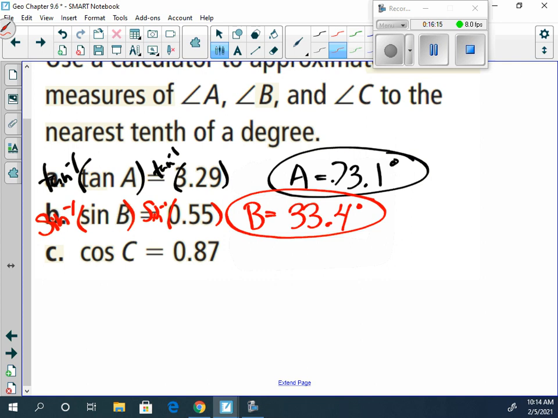And what about the last one? We're going to be using cosine inverse. I know I'm writing this really small.